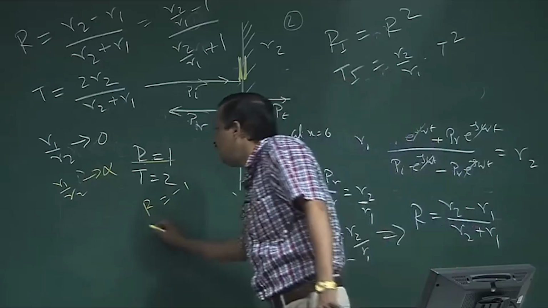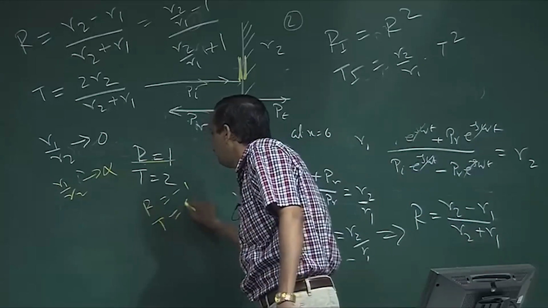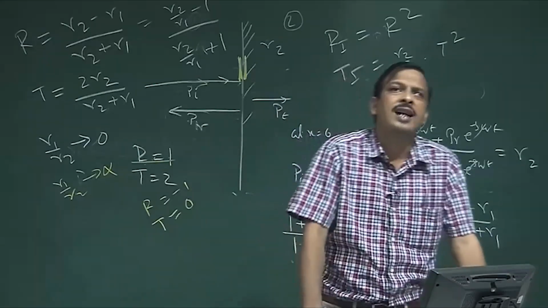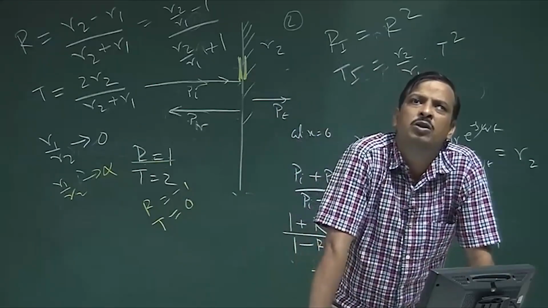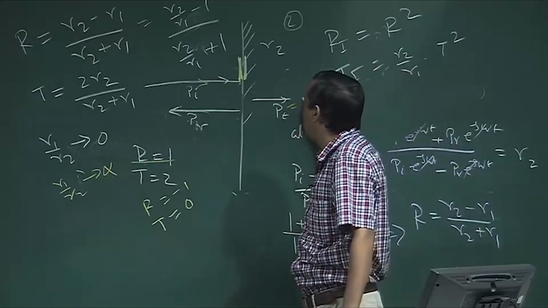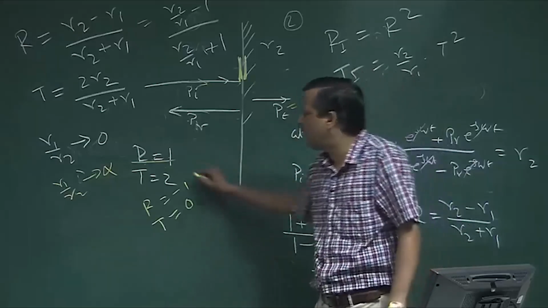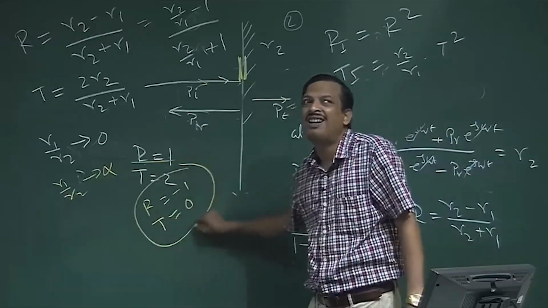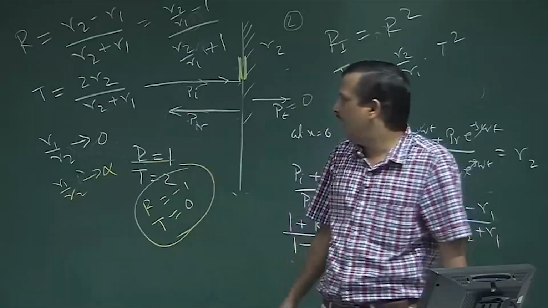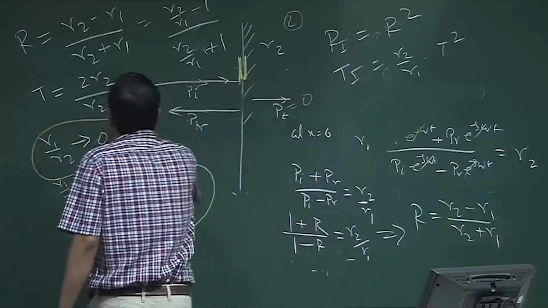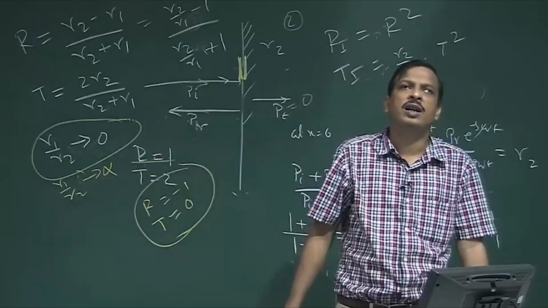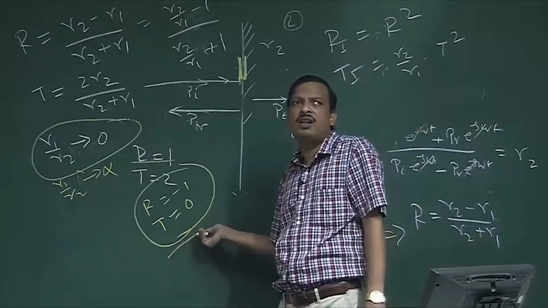And what is T in that case? T is equal to 0. What is the meaning of T equal to 0? The transmitted wave has a pressure amplitude Pt equal to 0. So that is why this condition is called the pressure release condition, pressure release boundary, and the first condition is called the rigid boundary.